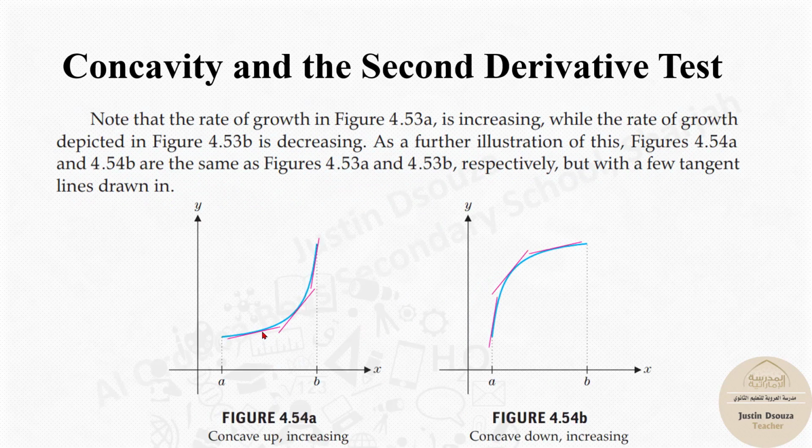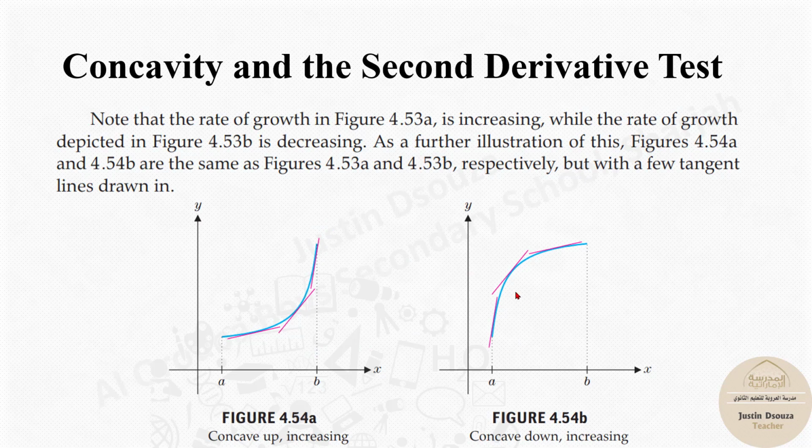Now, over here, you can see when it's concaving upwards and it's increasing, what's happening? The slopes of the tangent lines are positive, positive, positive. Even over here they are positive, positive, positive. But you can see the slope is just more than zero over here, the first slope, whereas over here it's steepening up, in the sense it's increasing, and over here it's very high, close to undefined, infinity.